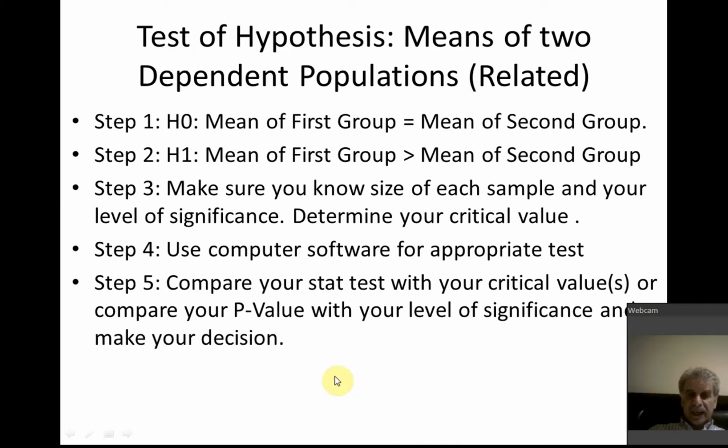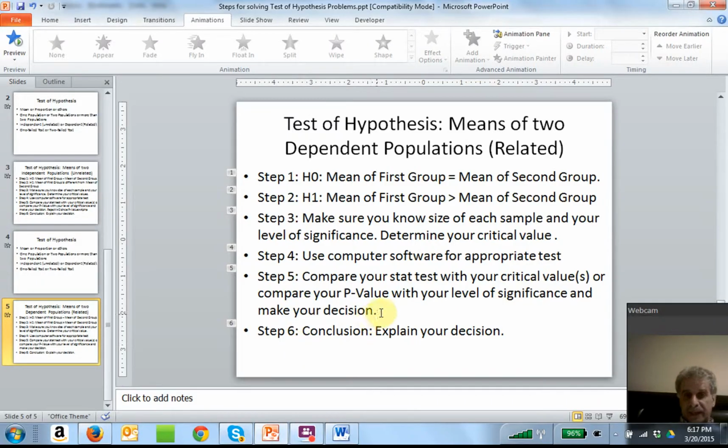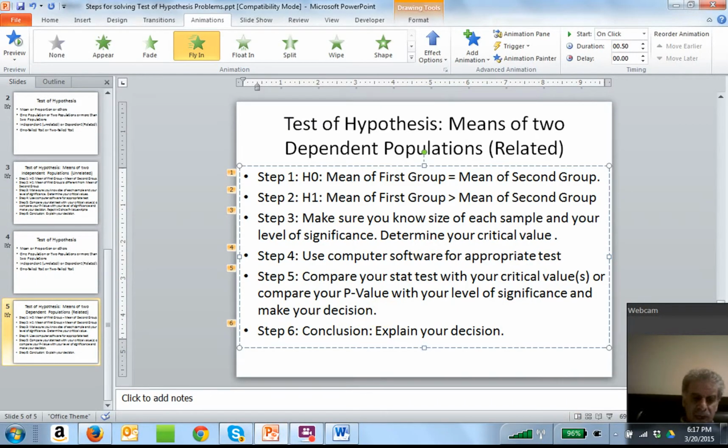Therefore, since my p-value is more than alpha, I do not reject H0. So the decision is: do not reject H0, and the reason was my p-value was more than my alpha.